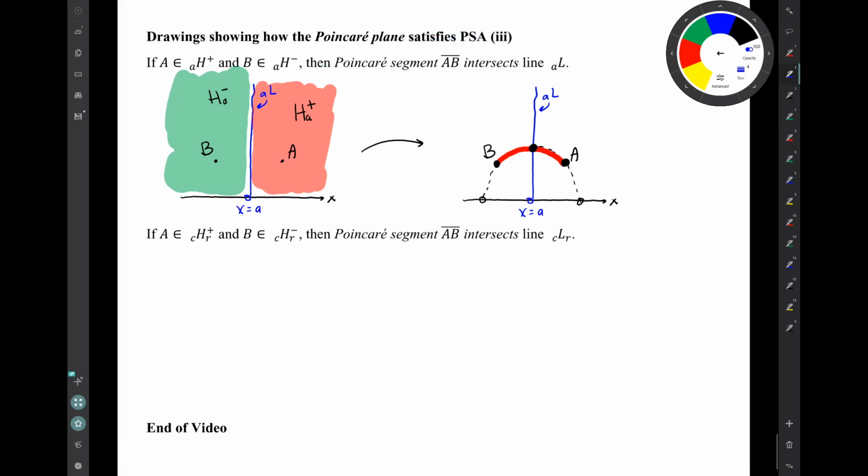Finally, let's make a drawing for this statement. If point A is in that Poincaré type 2 half-plane with a plus, and point B is in the corresponding Poincaré type 2 half-plane with a minus, then Poincaré segment AB intersects that Poincaré type 2 line. So again, I'll make two drawings.